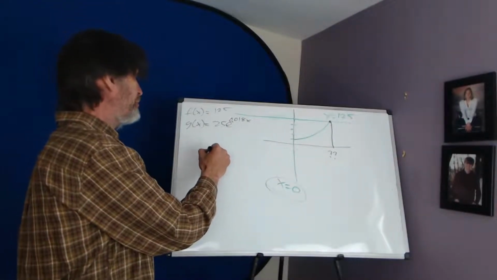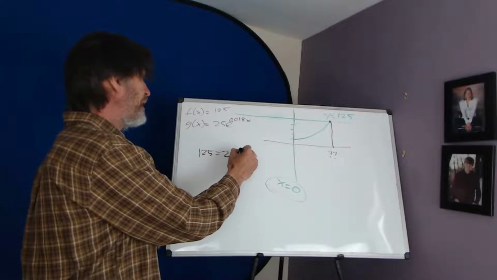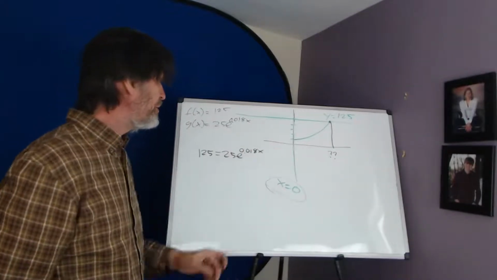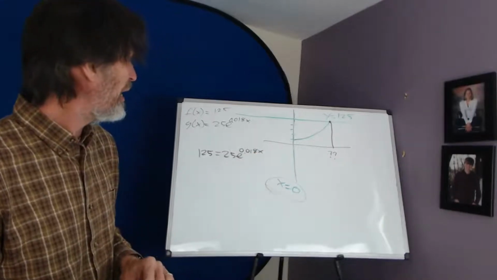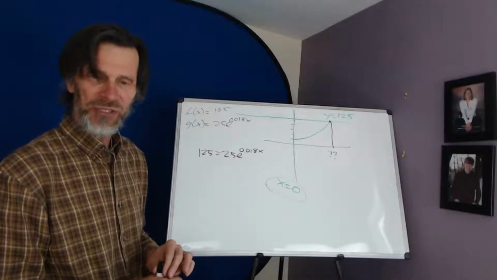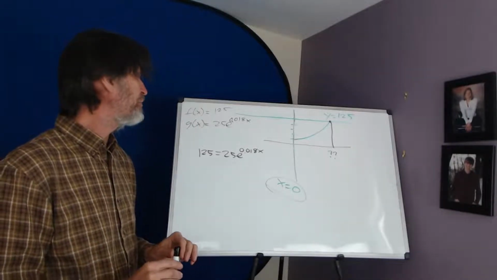So we'll set 125 equal to 25e to the 0.018x. There's an equation we have to solve. There's only a single x in it. We should have the algebra skills to do that. What are the steps to solve that equation? What's the first thing we must do?